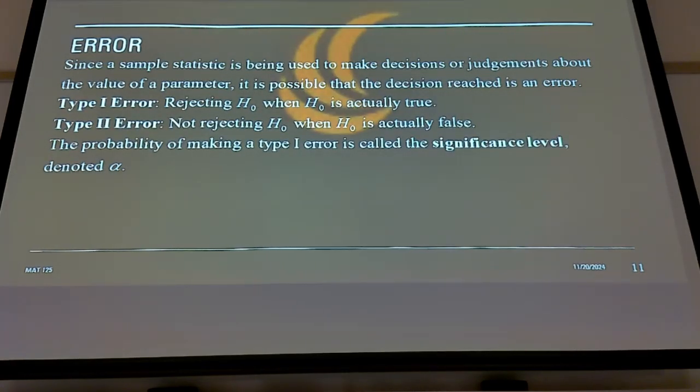The probability of making a type 1 error is called the significance level. We keep it denoted as alpha like we did with the confidence intervals.